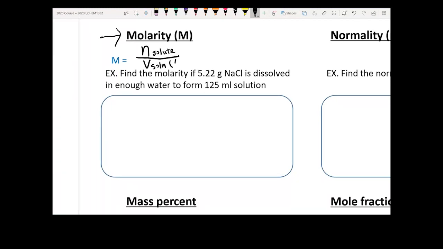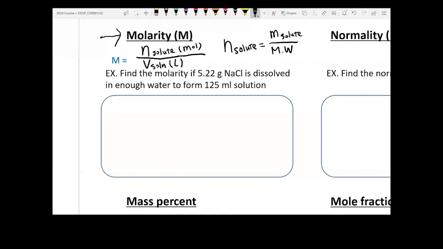The volume must have the unit of liters, and the numerator has the unit of moles. You should already know this very well by now: the number of moles of your solute can be calculated from the mass of your solute divided by the molecular weight of your solute.